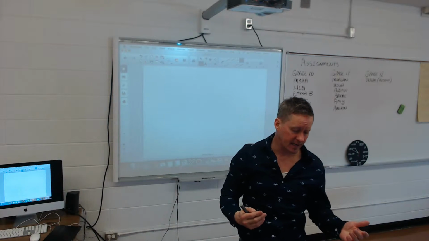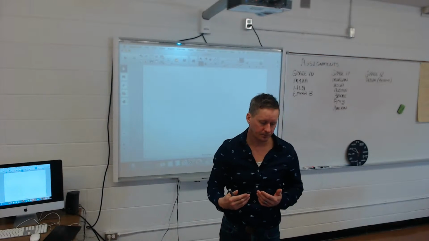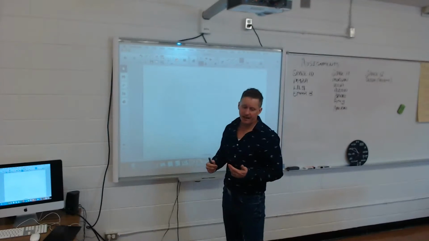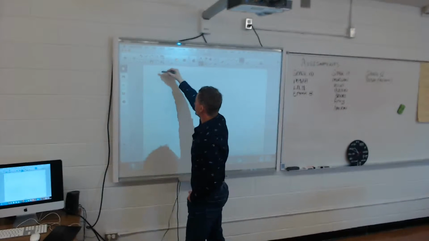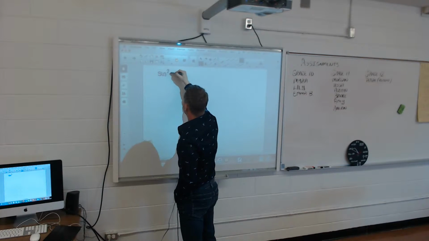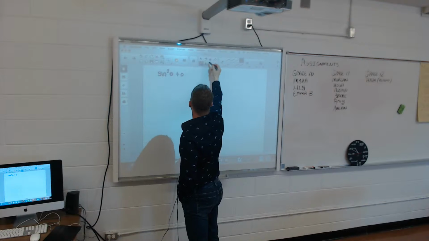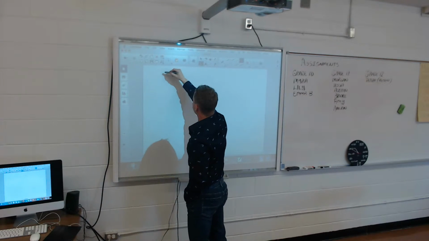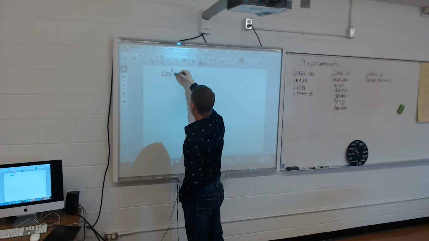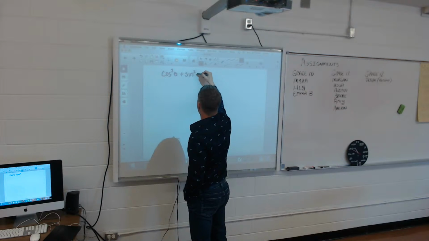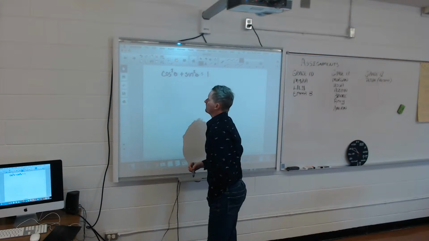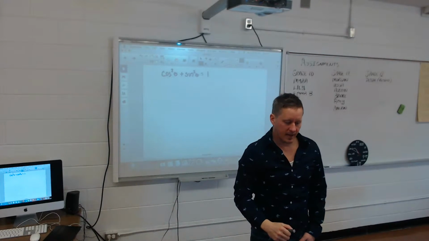Now, the very first identity that you know about is the Pythagorean identity, and that is this: cos squared theta plus sine squared theta is equal to 1. Okay? That's an identity.